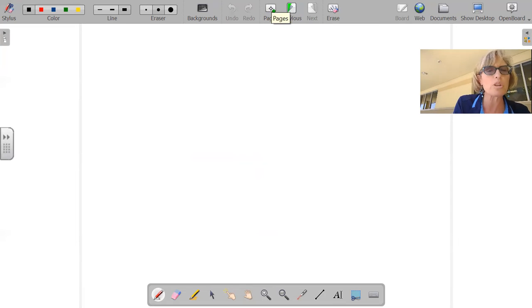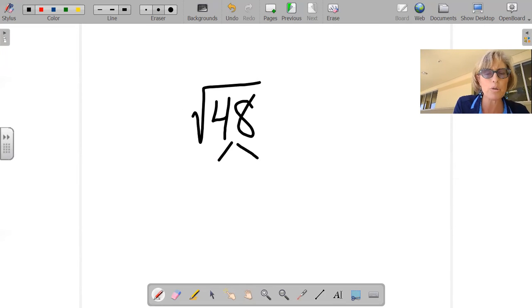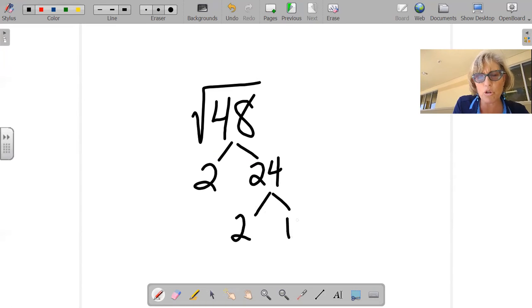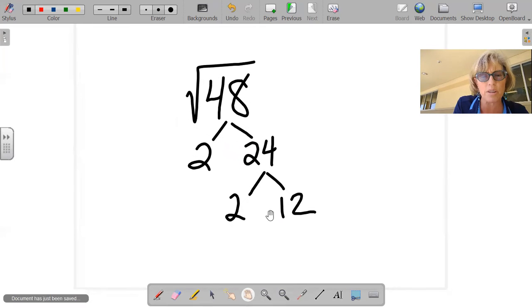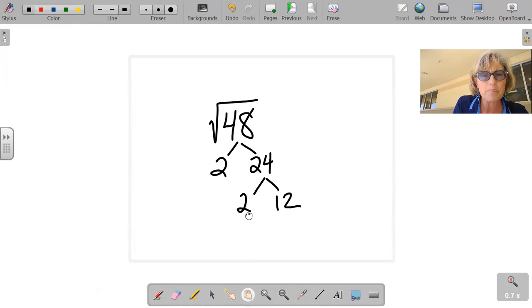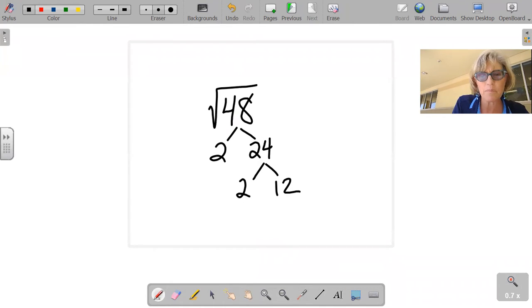I think the next one was root 48. Factor tree. If it's even, I tend to just use 2 all the way down for consistency's sake. Let me reposition this here.